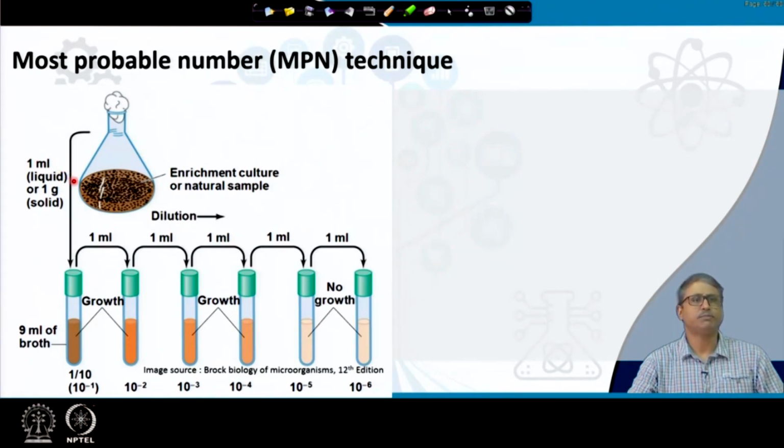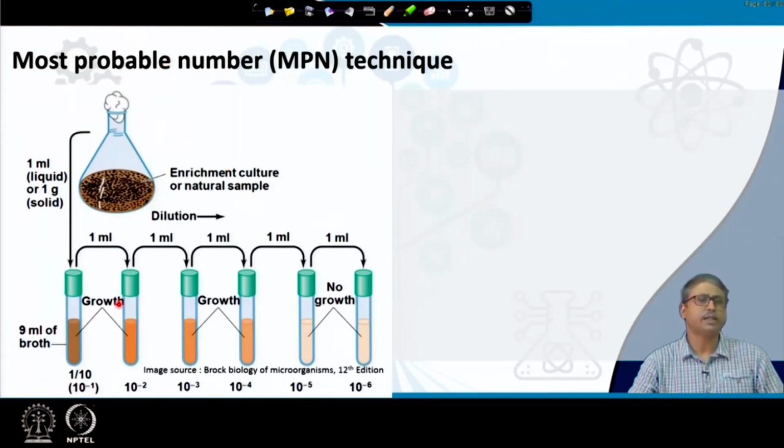So, 1 ml for example, or 1 gram in case of solid samples, is added to a broth medium. This medium is selected by the scientist and should be suitable for allowing the growth of the particular organisms that he or she is trying to count. So, MPN is a count based method, the most probable number.